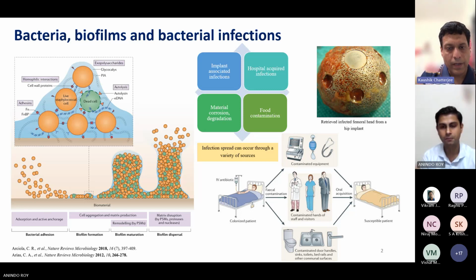So when it comes to bacteria coming in contact with any surface, what is typically understood is that they start off in the planktonic state, which is in single suspensions. So this is what you see here on the left, with these single yellow cells coming in contact with the surface, and then they start to adhere.